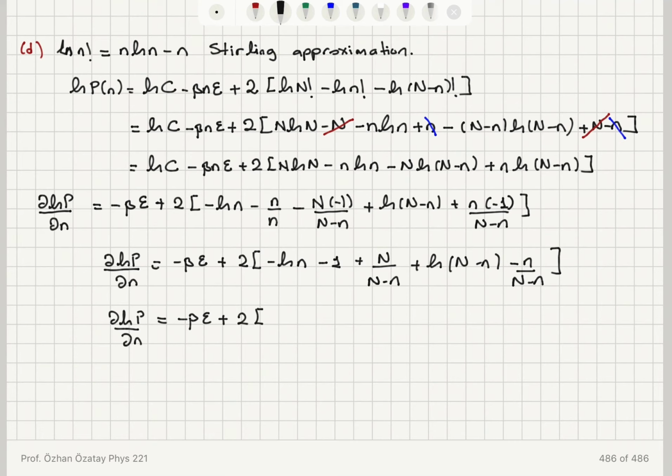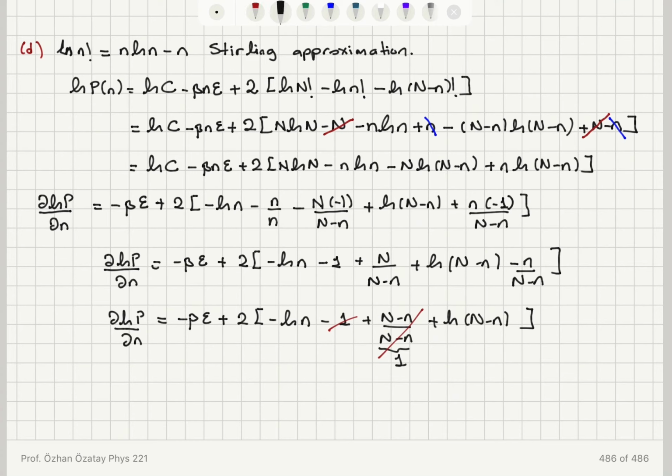Now I have plus capital N and minus n, so this is going to give me a 1 minus ln n minus 1, so plus capital N minus n over capital N minus n plus ln capital N minus n. So this is plus 1 and minus 1 will cancel.